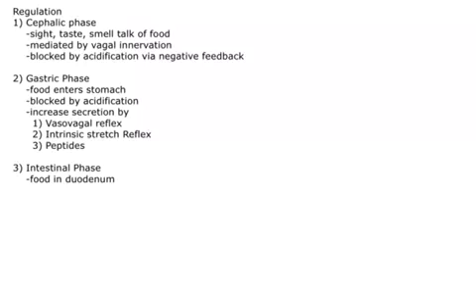Also the intrinsic stretch reflex, which stimulates the G cells to increase gastrin. And also the peptides, which stimulate G cells as well to secrete gastrin. So all these 3 involve the increasing of gastrin in that gastric phase.